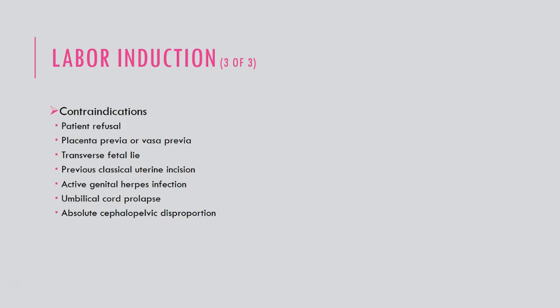That is absolute. So we know a baby's not going to fit through there. Those would all be contraindications to inducing labor. We would never induce labor on an individual if we know for a fact that they cannot deliver vaginally. A baby in a transverse lie is not going to come through the pelvis.